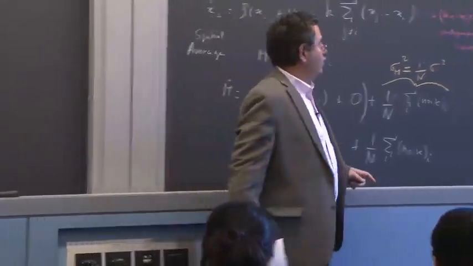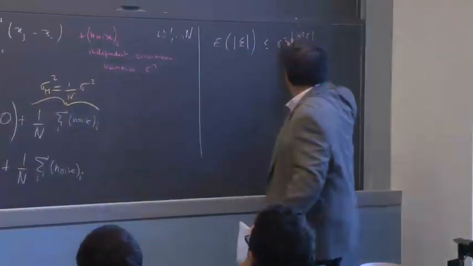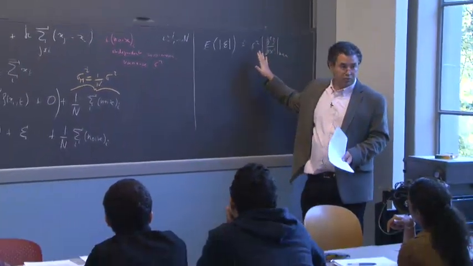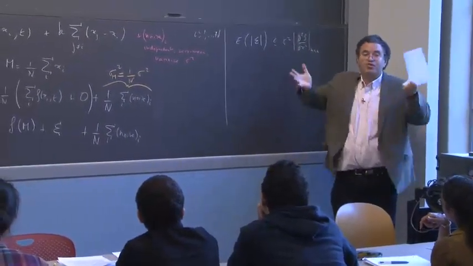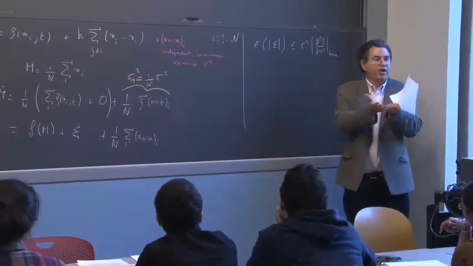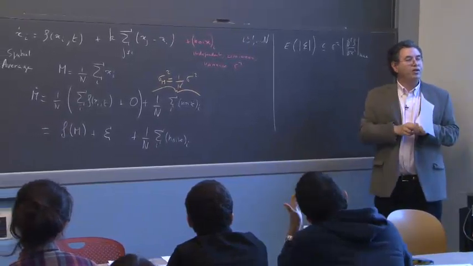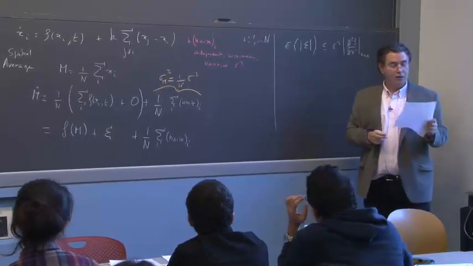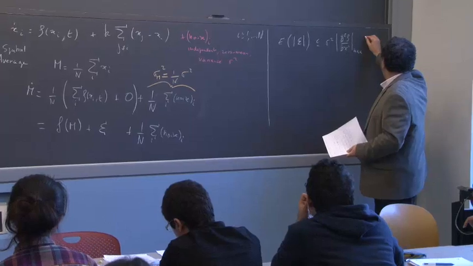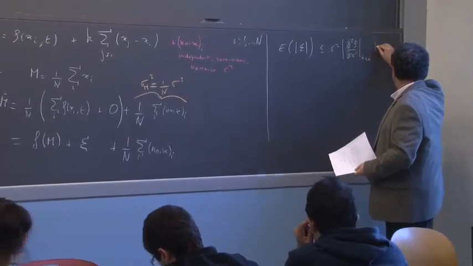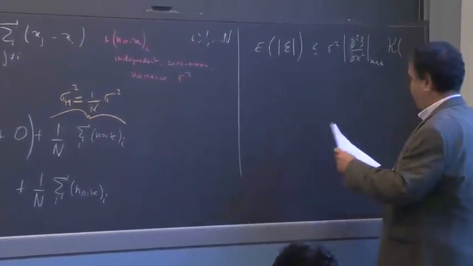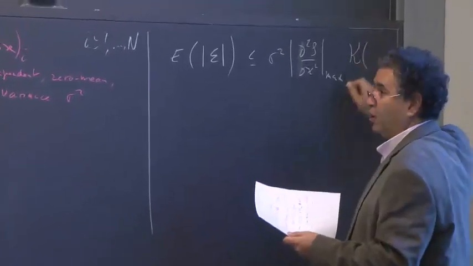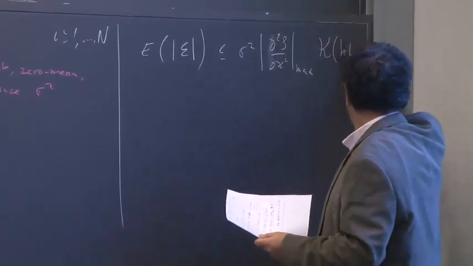So if f was linear, this term would be 0. So this is the second derivative. It's a measure, not the measure. It's a measure of how nonlinear f is. And then you have this extra term, which is also interesting. So let me write it as kappa of k times n.